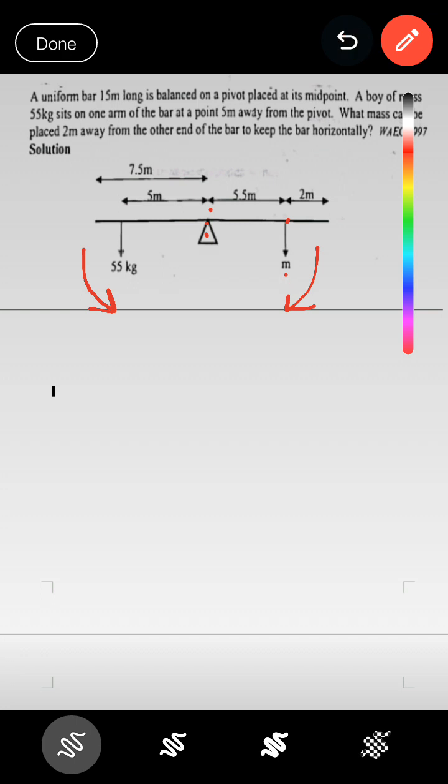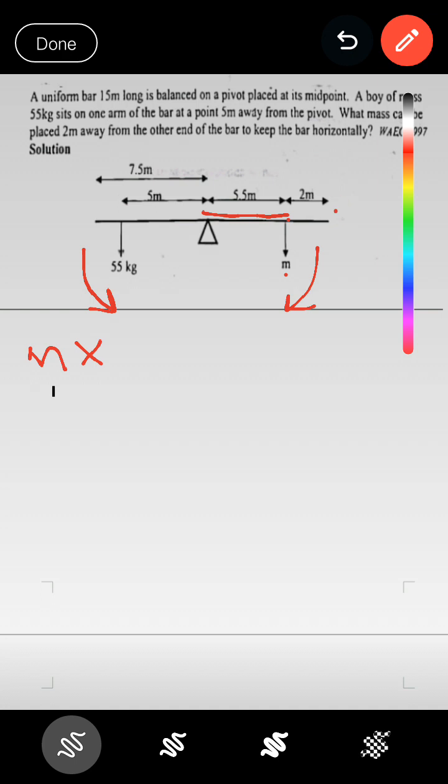So we say M times, what is the distance? Here is the distance, and that is 5.5 meters. Because how did we get that 5.5?